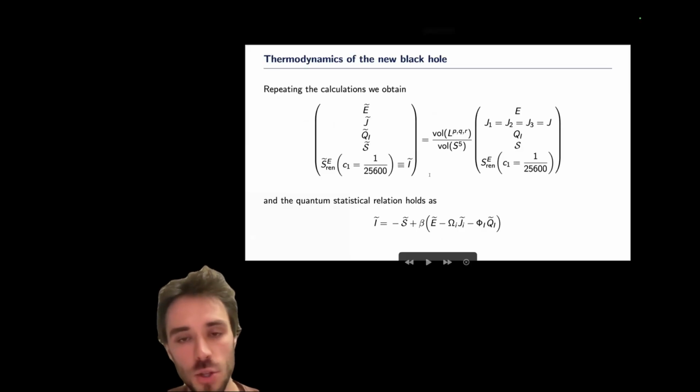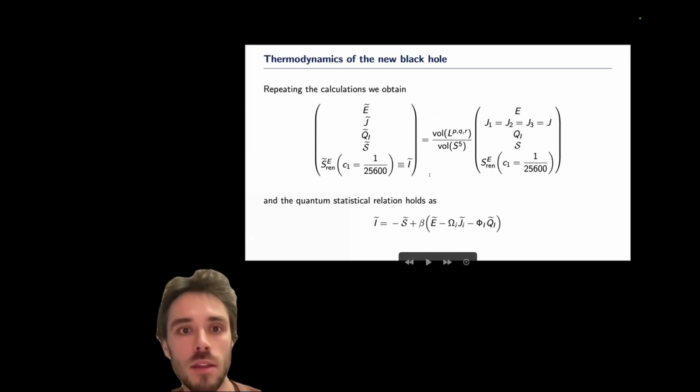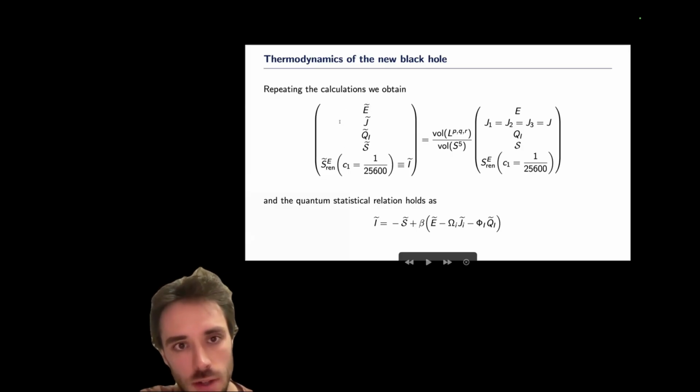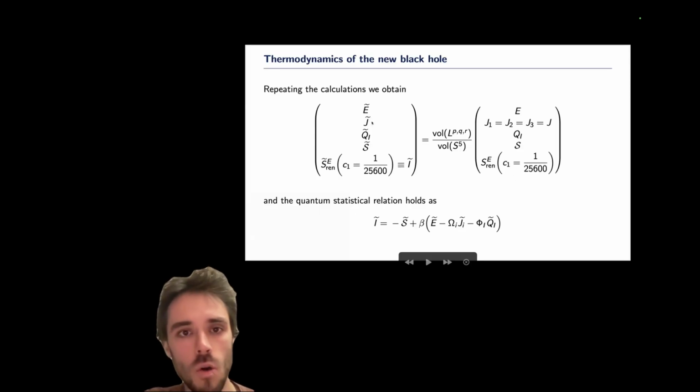Now that you have a background, you can play the game and calculate the thermodynamic quantities. With tilde now, I will be denoting the quantities after I made the modification, so that is the LPQR case. Without tilde, it's what we calculated before for BDHM. So the following is true.